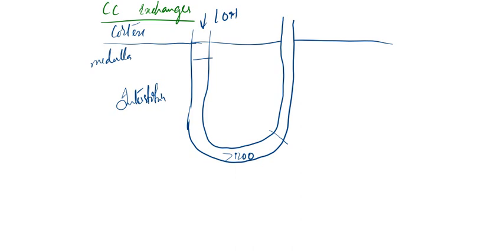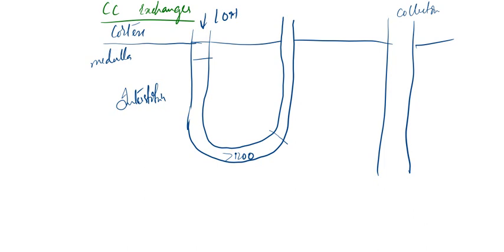And here you will be having the collecting tubule. Listen carefully, guys. This is a prominent MCQ that you see in INI-SET. Frankly speaking, I don't like this topic, but still we should discuss it. It's a very important topic, right? So urine comes like this, urine goes out like this.